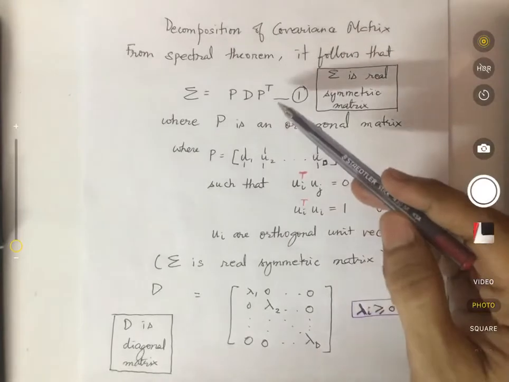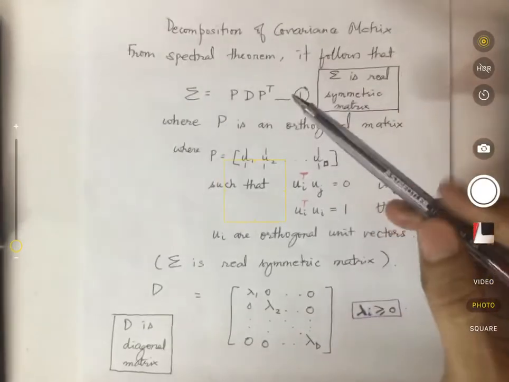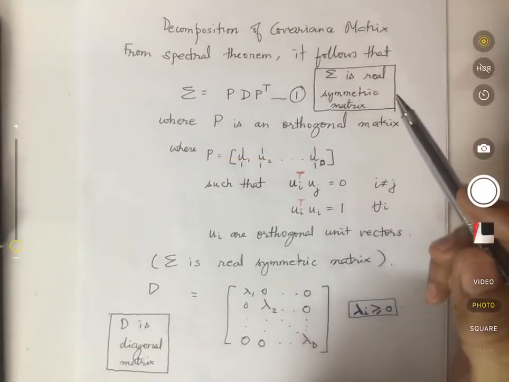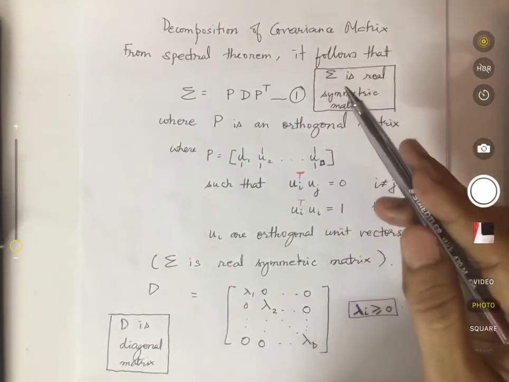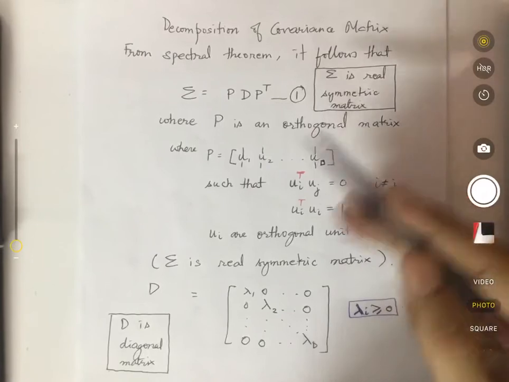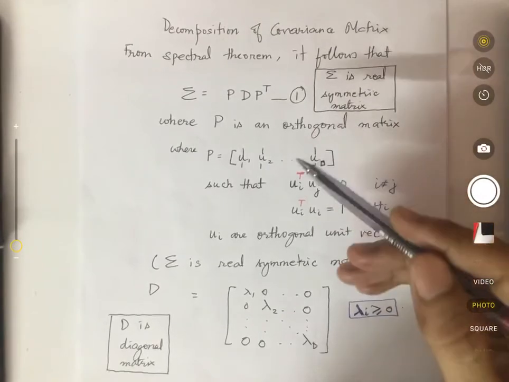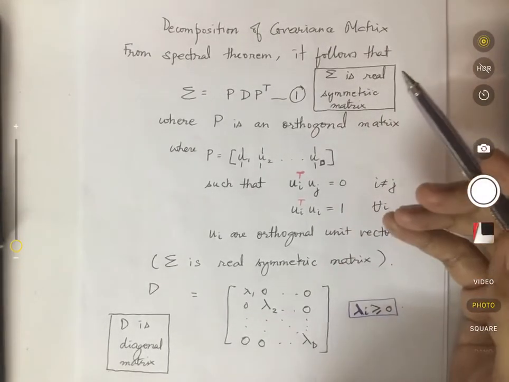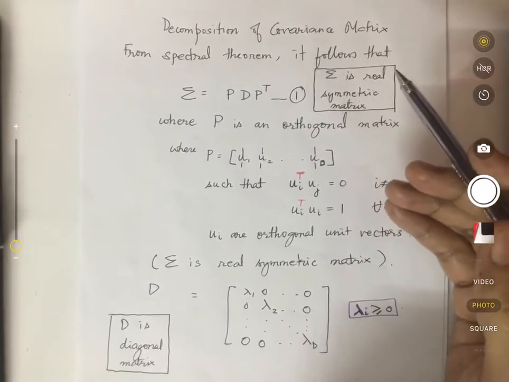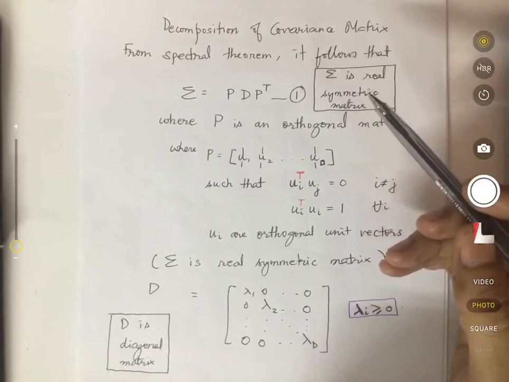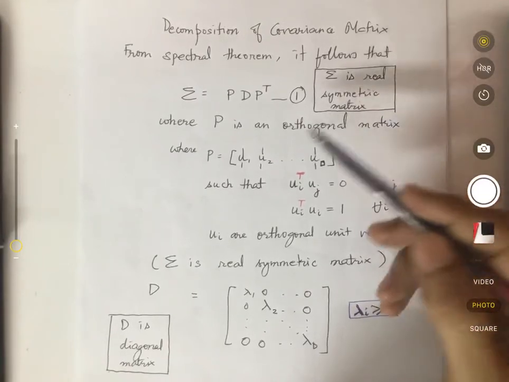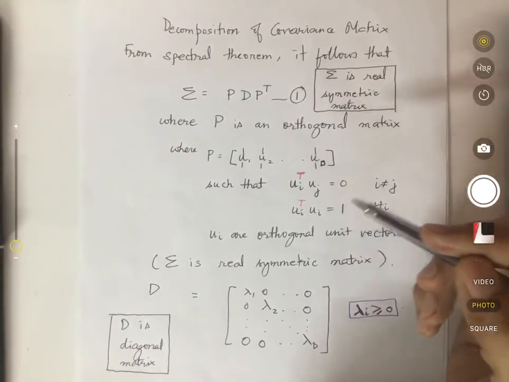And P transpose is just the transpose of your P. All these follow from the spectral theorem. The spectral theorem is applicable to all real symmetric matrices, and because sigma is a real symmetric matrix, it can be decomposed in the following fashion.